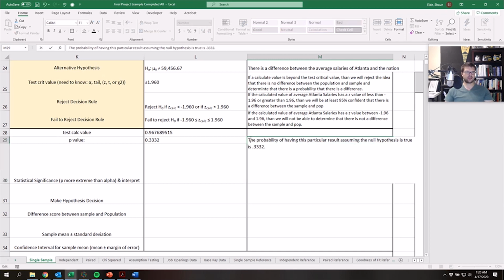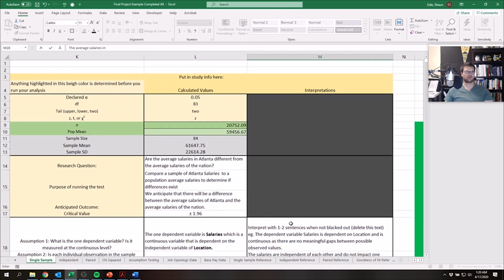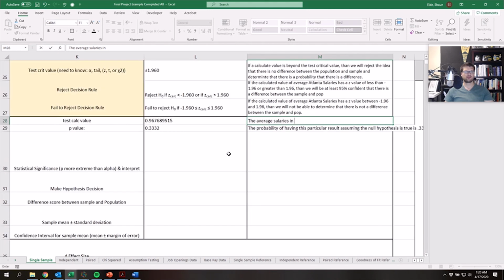Okay, so that's the information there, and then the test calc value: the average salaries in Atlanta are 0.967 standard deviations above the population, the nation.